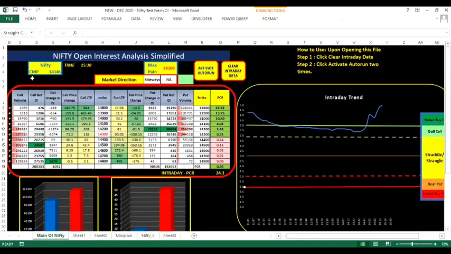I can safely assume everyone knows what Nifty CMP means. The importance of this CMP on this screen is to be taken note of, because the data on your screen is directly connected with the CMP price.